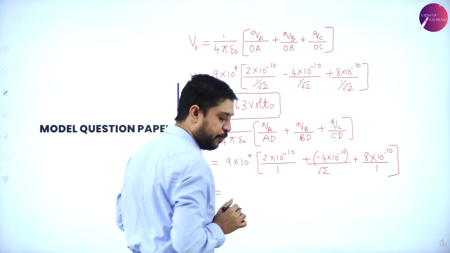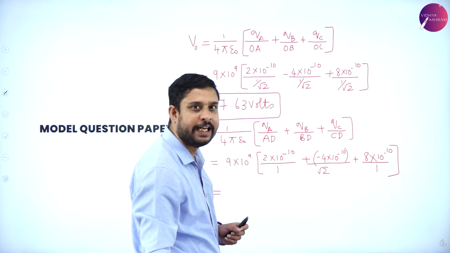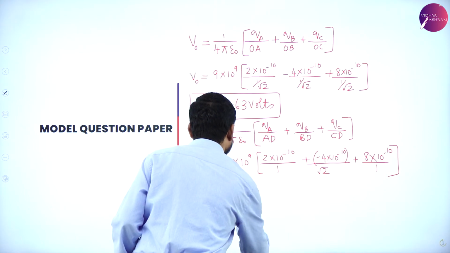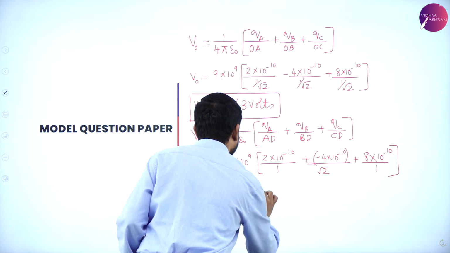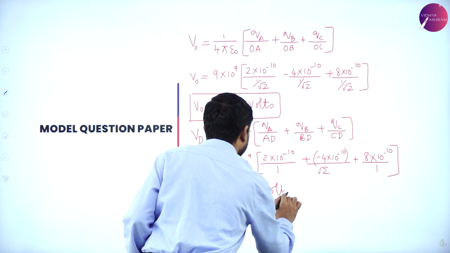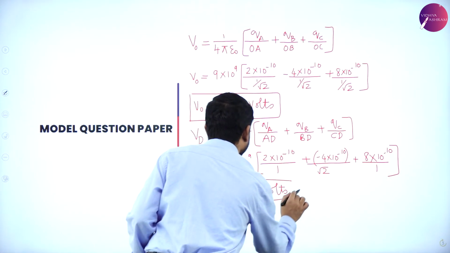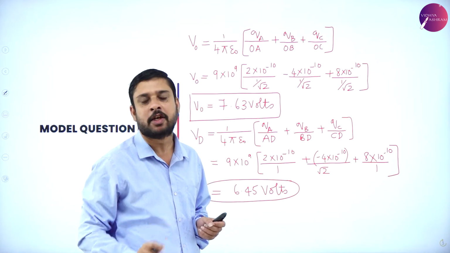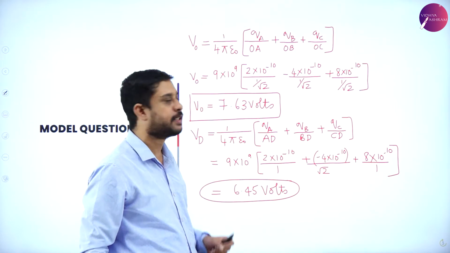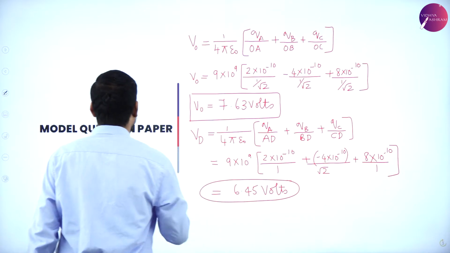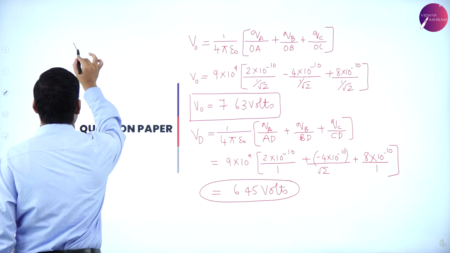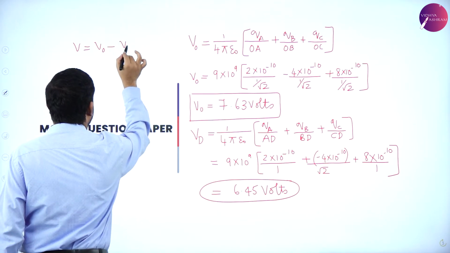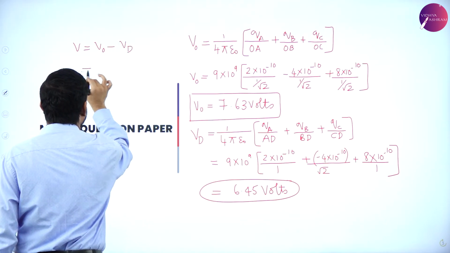So on simplification, VD turns out to be 6.45 volts. So I have calculated VD, which is 6.45 volts.